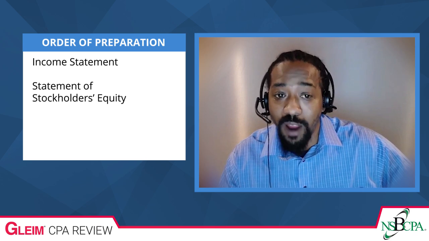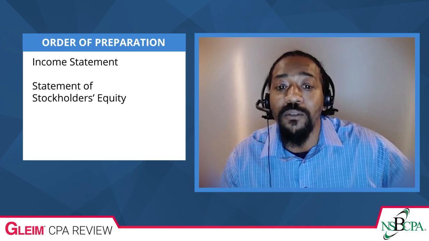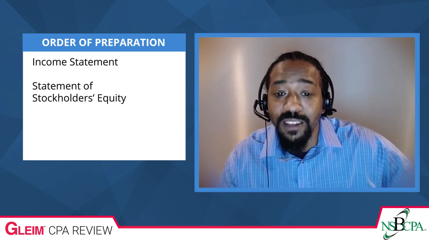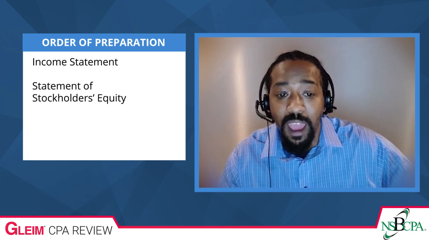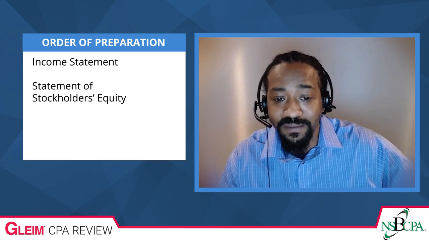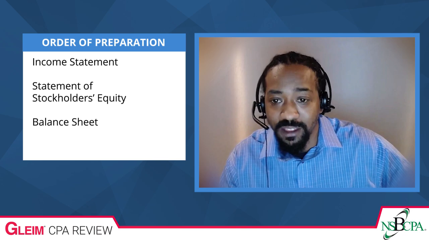If you were a sole proprietorship or a partnership, the statement's title would simply be called the Statement of Owner's Equity. Whichever type of business, this statement is summarizing the results of what has occurred related to equity and the entity's ownership for the current period. The third financial statement is the balance sheet.